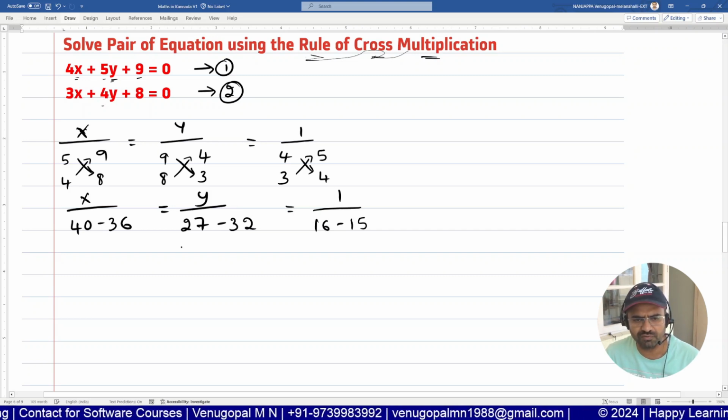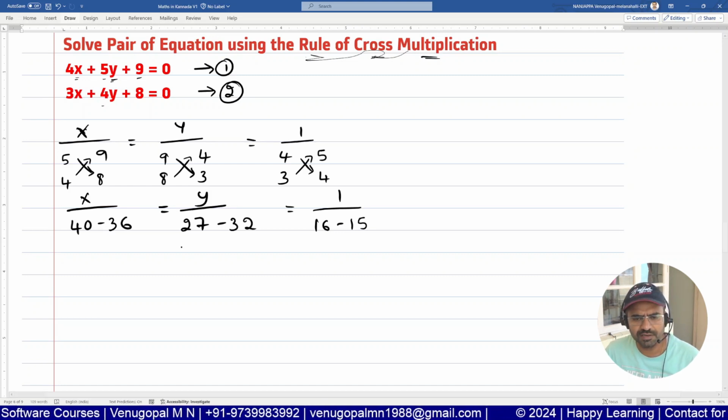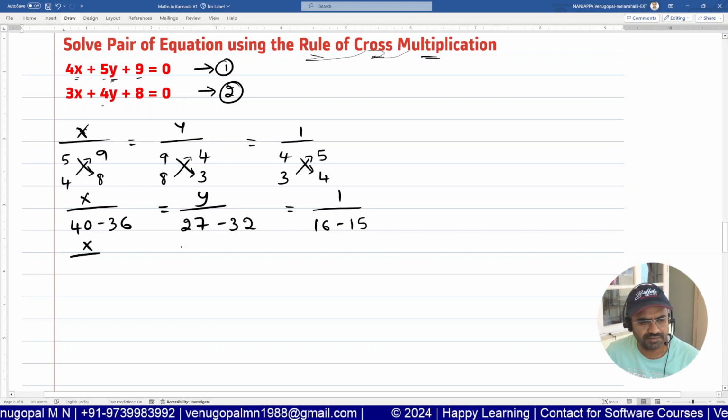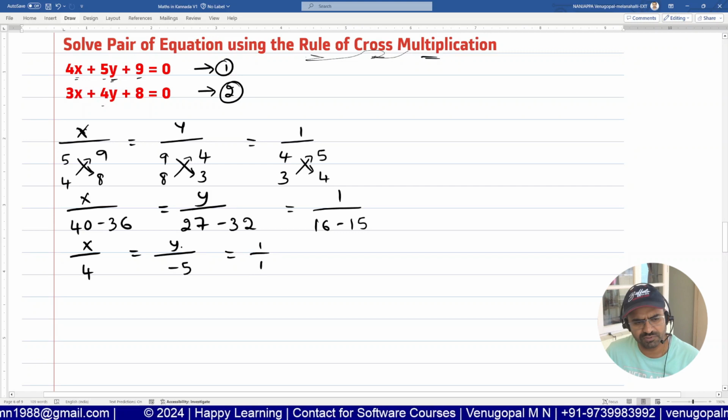While writing this down, we have to write the minus symbol. So now x divided by 4 is equal to y divided by minus 5 is equal to 1 divided by 1, which is 1.